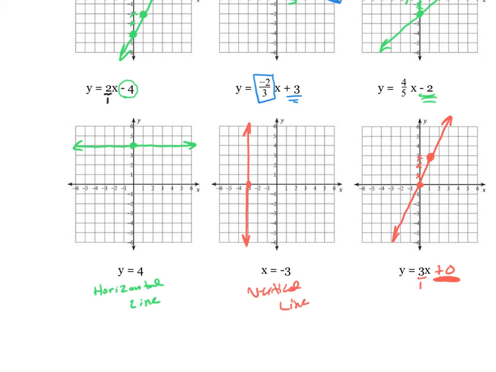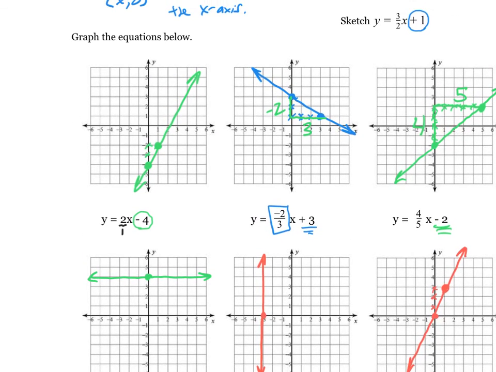One detail to note here, I'm going to slide this down a little bit. If you look at the first example, this one, a common mistake people make when they're graphing is that they start at -4 with the y-intercept, and they do that correctly. But then when they count the slope, some people mistakenly start counting the slope from the origin.